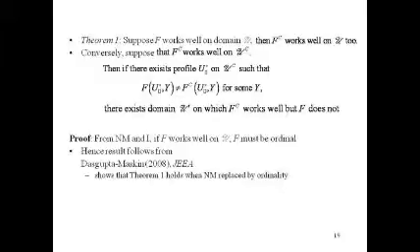So here's the first result. And this is the sense in which Condorcet satisfies our 5 conditions more often than any other. Take any voting rule, F, and suppose that it works well on a particular domain of preferences. Then Condorcet must also work well on that domain. And conversely, suppose that Condorcet works well on a particular domain, and suppose that on that domain, Condorcet and the other voting rule differ.